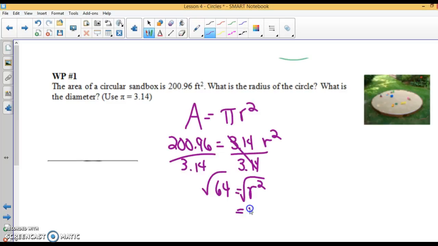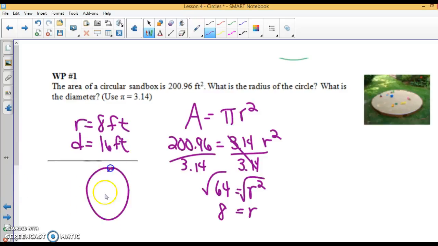The square root of r squared is r. The square root of 64 is 8. So, the radius is 8 feet. The diameter would be 16 feet. Because remember, the radius is from the center to the edge. The diameter goes the whole way across. So a radius is half a diameter.